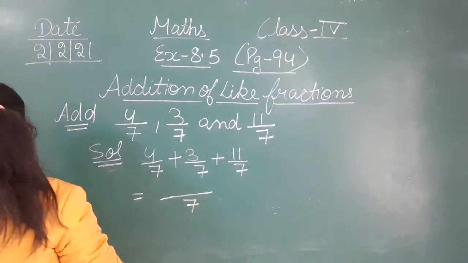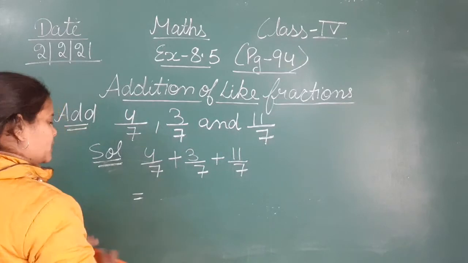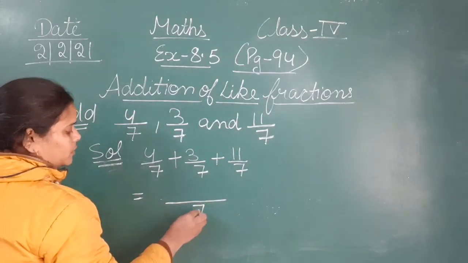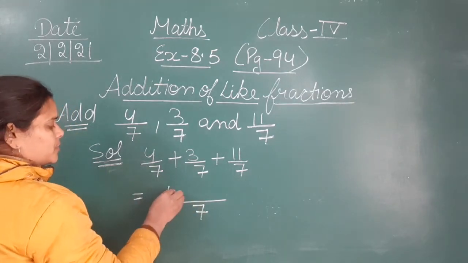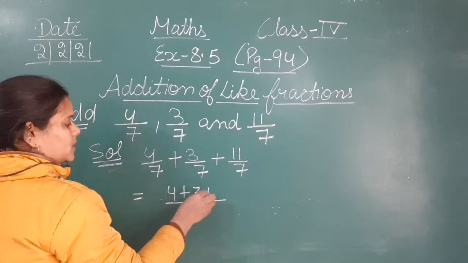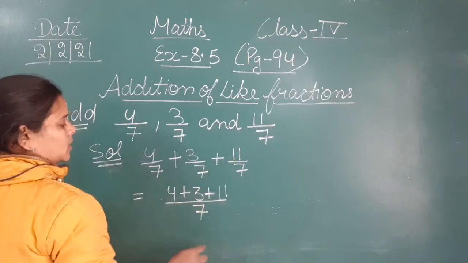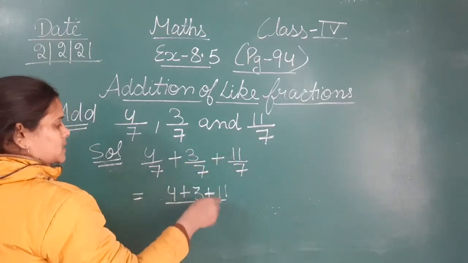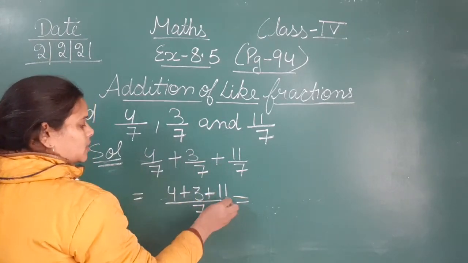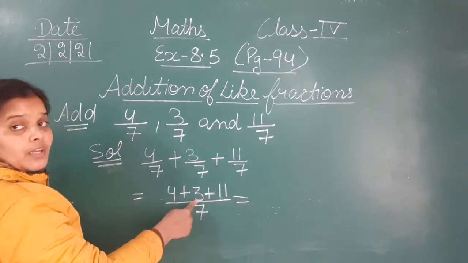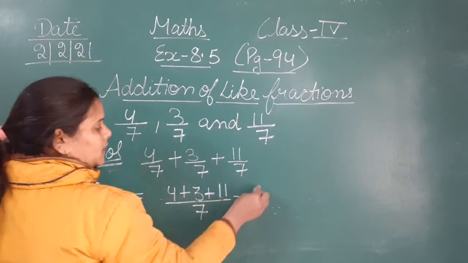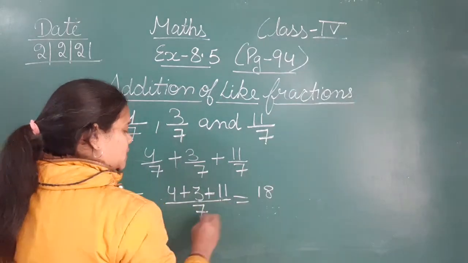Let's add them. इनको ऐड करिए. 4 plus 3 plus 11. इन तीनों को ऐड करिए. ओके, 4 plus 3 is 7. 7 plus 11 is 18.